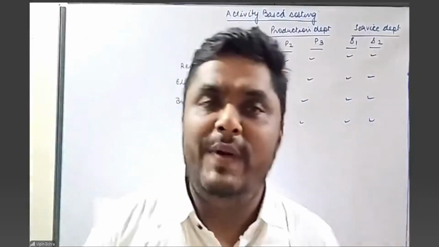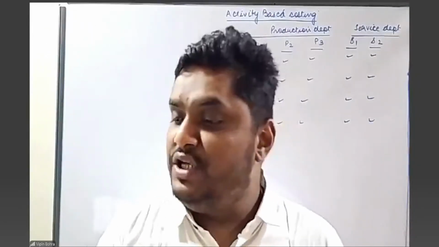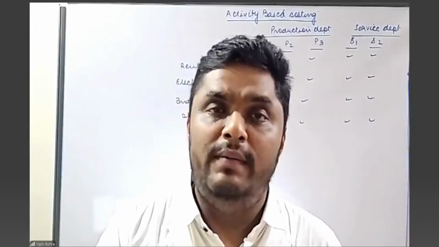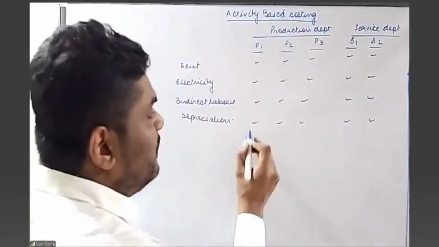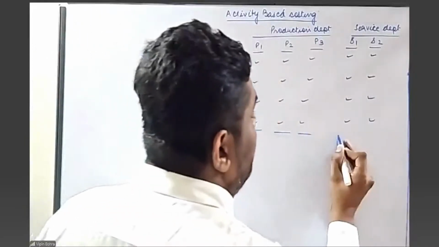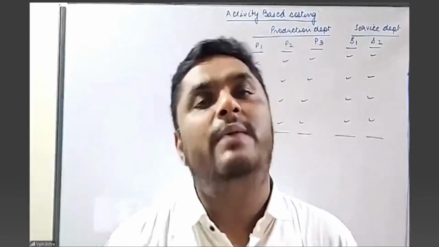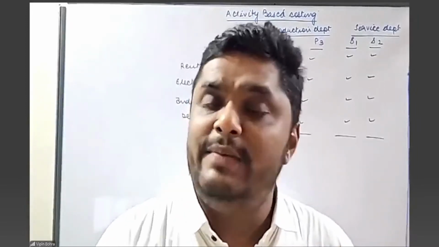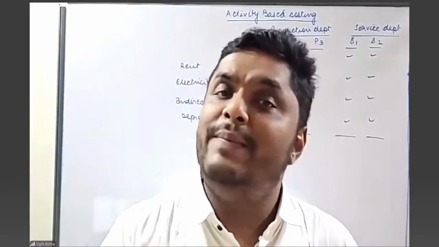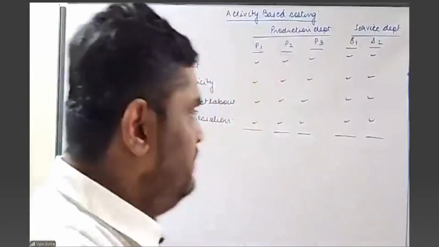Once these overheads were distributed to the various production departments or service departments, we used to redistribute the overheads of the service department to the production department. Reason being that no units are manufactured in the service department.